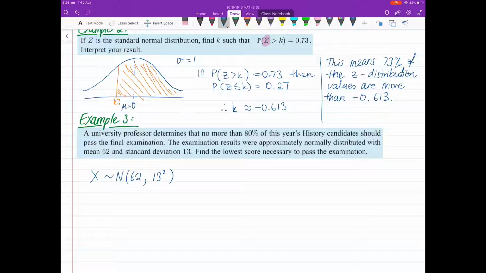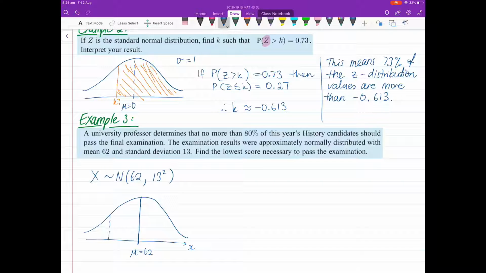Okay, and so the situation we've got here is, do your little sketch, the mean is 62, and what else does it say? He wants no more than 80% of the year to pass.